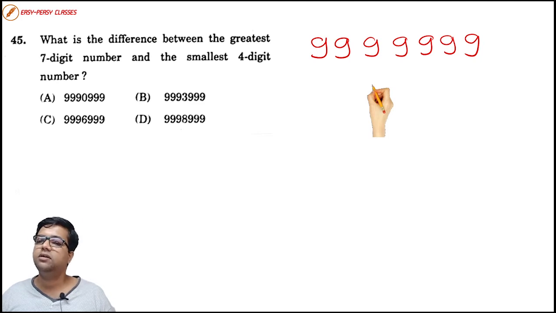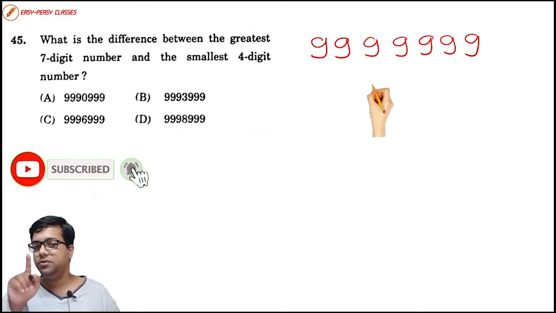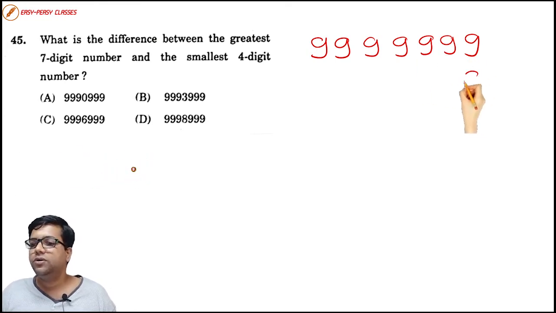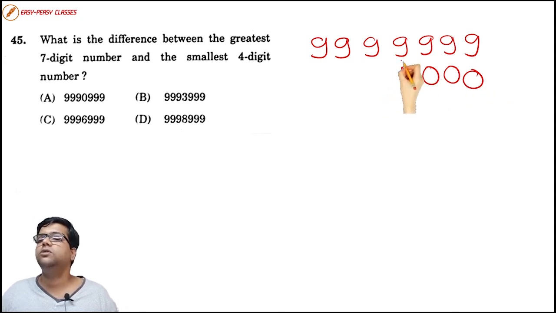The smallest number is 0 actually. To be frank, the smallest number is 0. But to make it 4-digit number, you will have to use 1 at the thousands place, at the initial place. So you can write it as 0, 0, 0 from the last part, and at the 1000 place you can't put 0. If you put 0 on the 1000 place, it won't become a 4-digit number, right?